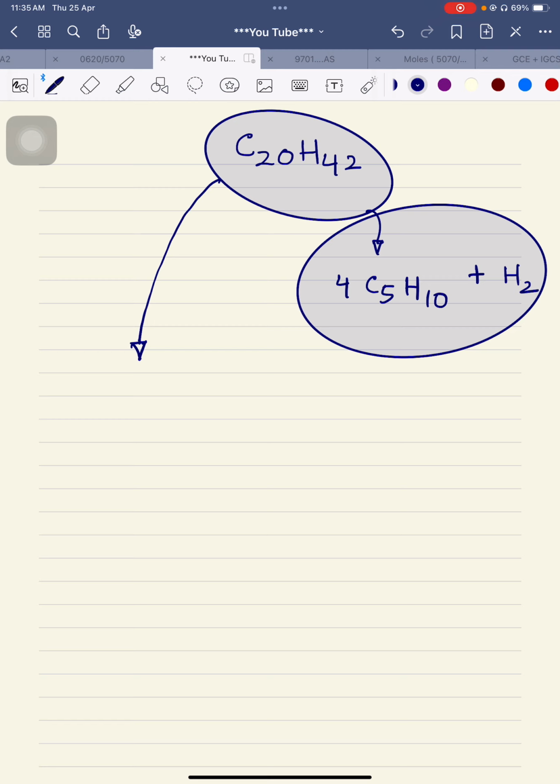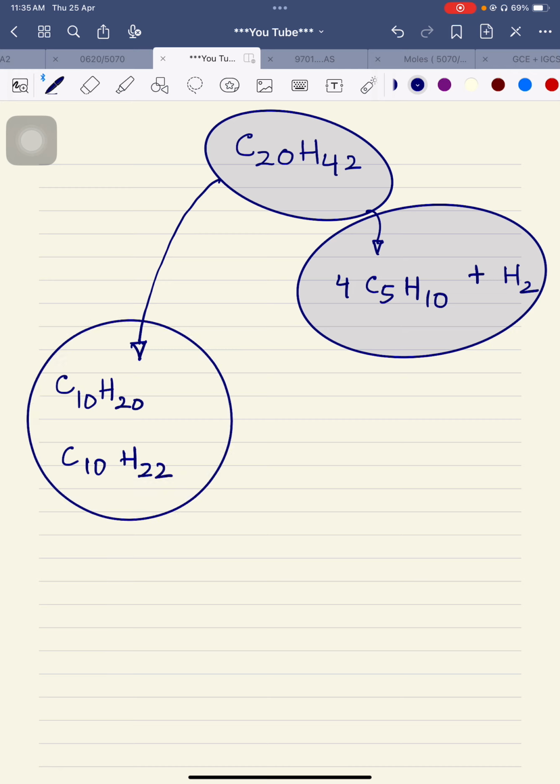Now for example, we have said C10H20 alkene and C10H22 alkane. So this is an alkene and an alkane. This type of answer can be the answer for questions in which the examiner is saying make an alkene and an alkane of equal number of carbon atoms.